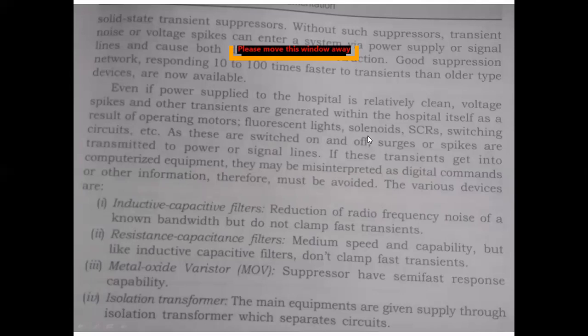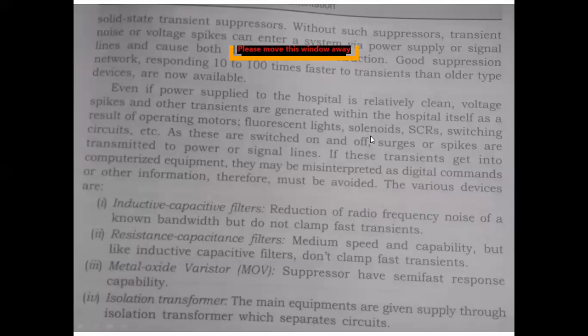While these are operated, we switch them on and off. In such a situation, what happens? Spikes are formed, and those spikes are transferred to the power supply and the PCBs connected to it. Spikes are generated by the number of operations of AC operated devices like solenoids and SCRs, silicon controlled rectifiers.